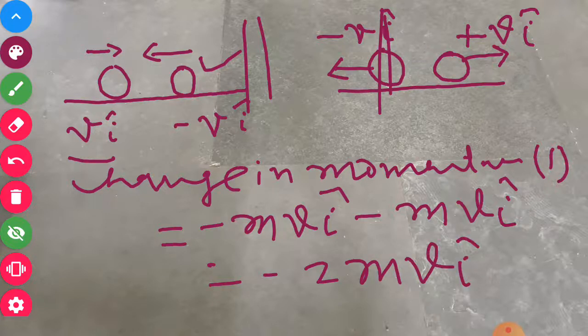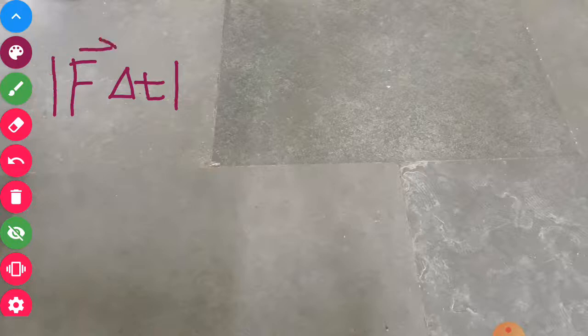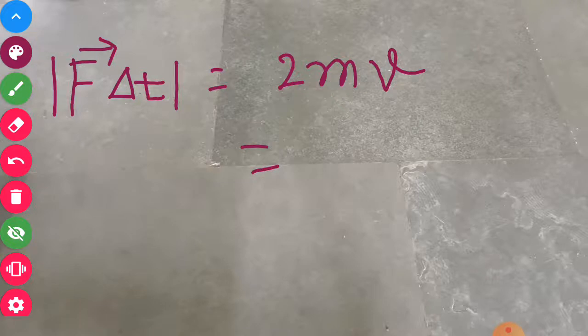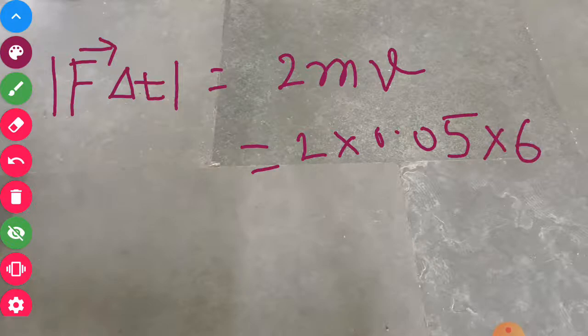Its magnitude is positive 2mv. We can write only the magnitude. If you want to find the magnitude of this change in momentum, that is the impulse of force, F into delta t, it becomes 2mv, and mass and velocity are given. 2 into the mass of the ball, 0.05, because it is given that it is 0.05 kg, and velocity is 6.